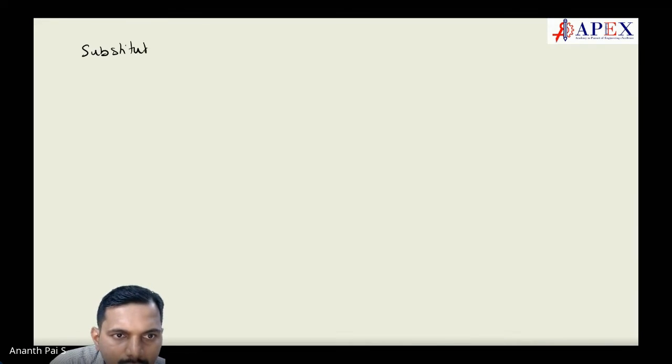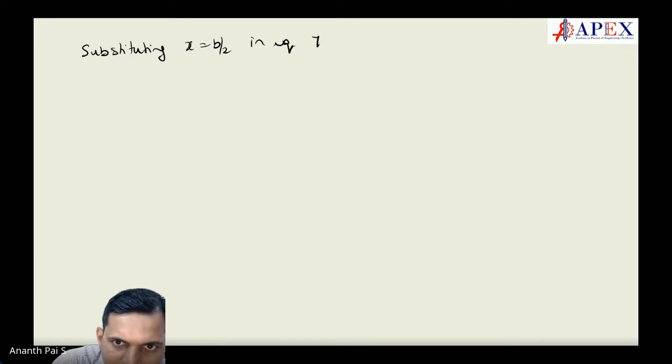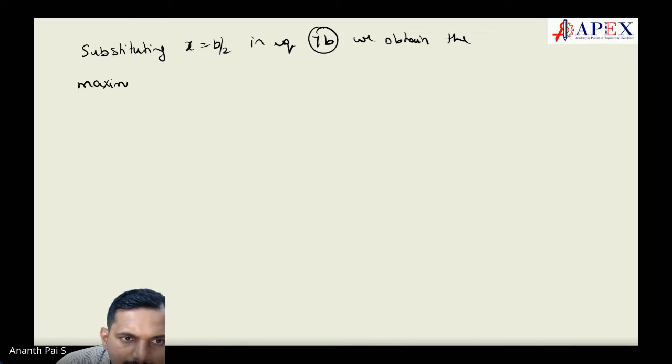So now, what is T max? Okay, substituting x is equal to b by 2 in equation 7b, we obtain the maximum temperature. Write it along with me, students.